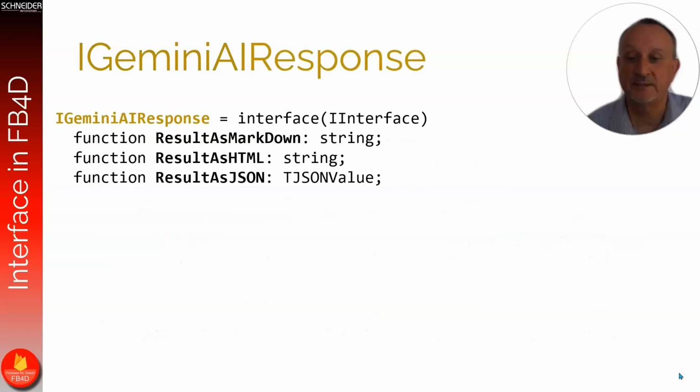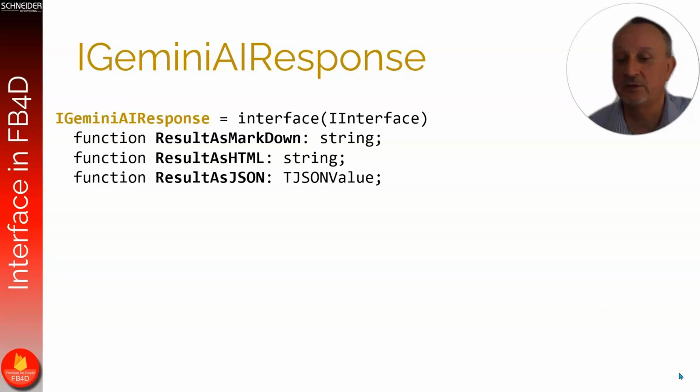This interface contains all the information that I received from the AI in response to a question. Gemini AI returns a markdown formatted text. If I had a component in the FireMonkey framework that could display markdown, that would have been easy.